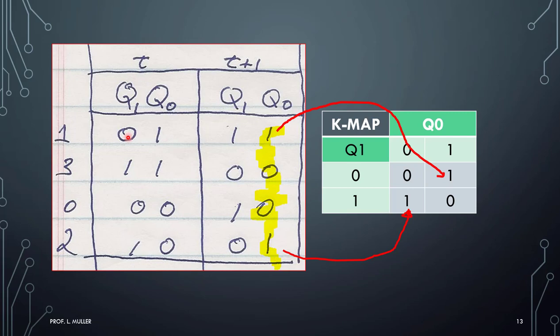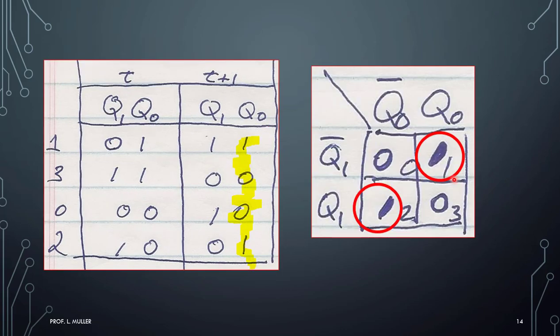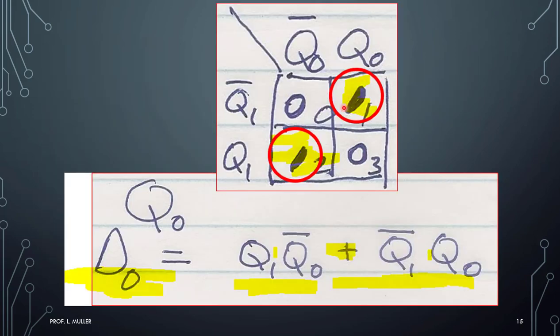I see combination 1, which is here, is a 1, and combination 2, which is here, is a 1. No simplification can be done here. They're diagonal to each other. So I circle both of these. There they are circled. So I have Q1 and Q0 NOT right here.